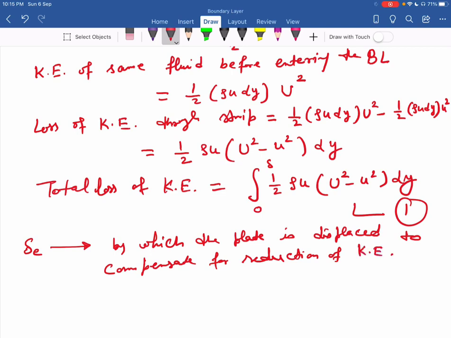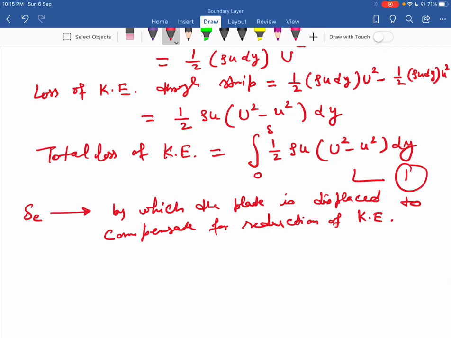So I move my plate from its original position by distance delta E. When I move the plate by distance delta E, the mass is rho U into delta E, and then its kinetic energy is half mass into velocity square. So this is your equation number 2.